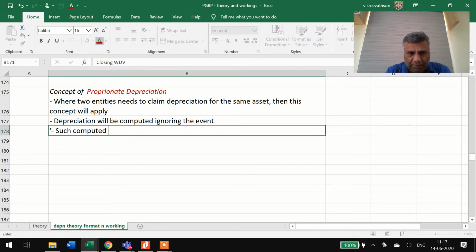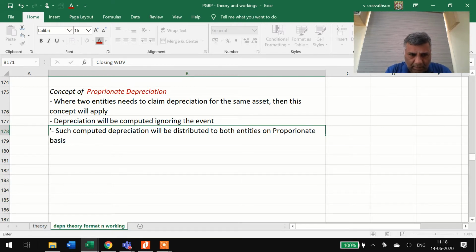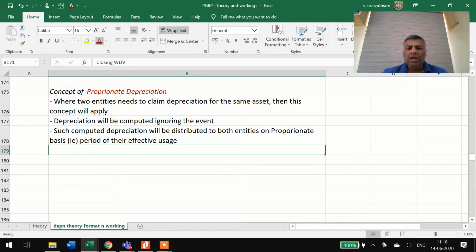Such computed depreciation will be distributed between both entities on a proportionate basis, nothing but the period of effective usage.